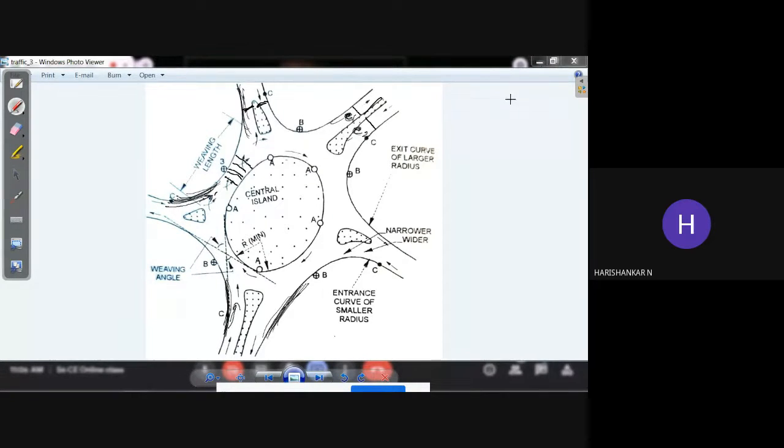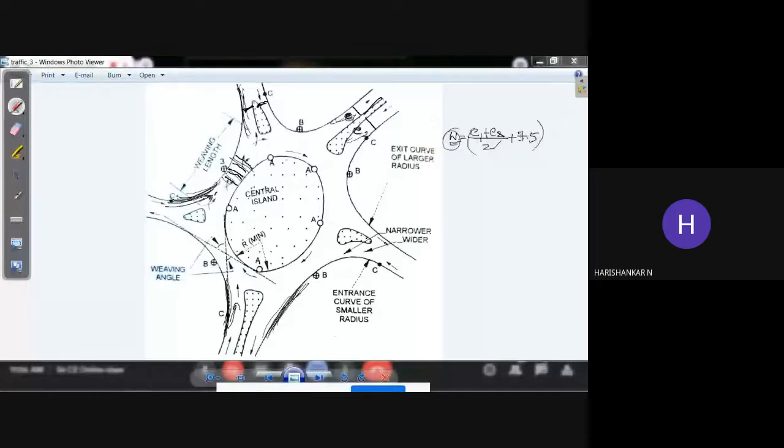The equation to find the width of weaving is simply given as W is equal to (E1 plus E2) by 2 plus 3.5. So this can be taken as W, the width of weaving, where E1 and E2 are as shown. It is 3.5 plus the average of the width of the entry and the width of the exit.